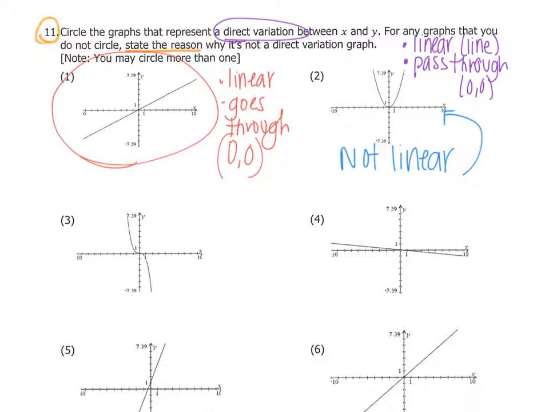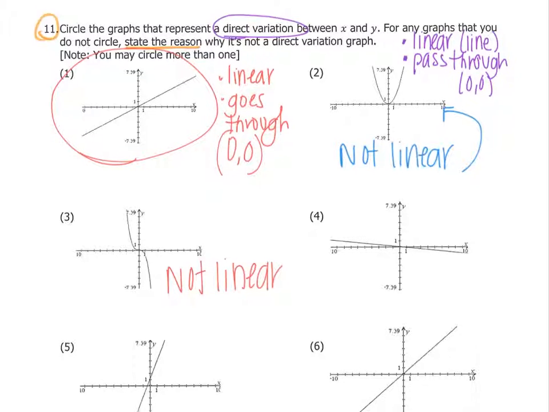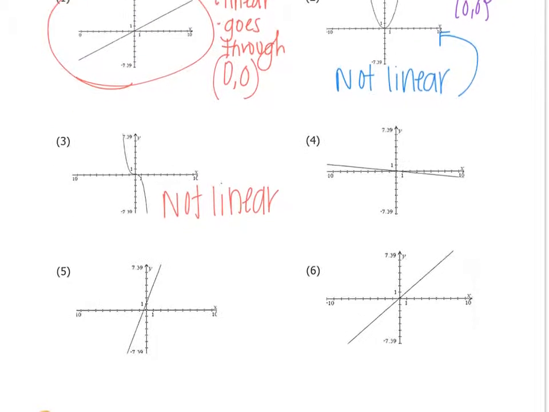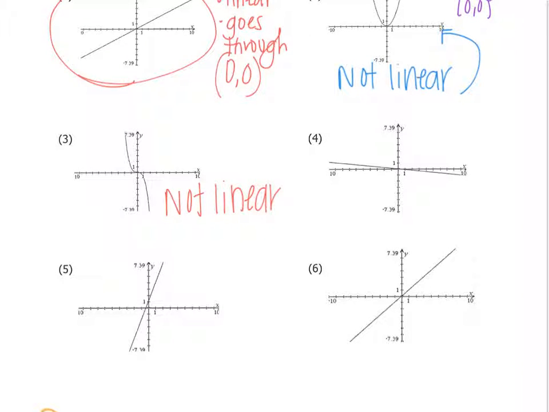Remember, go through your checklist. Is it linear? If so, does it pass through the origin? If it's not linear, say not linear, which you should be for this one. It's not a line. Go ahead and try the next 3, and I'll put my answers up here once I'm done, or once you're done. I don't know which. Pause it if you need more time.